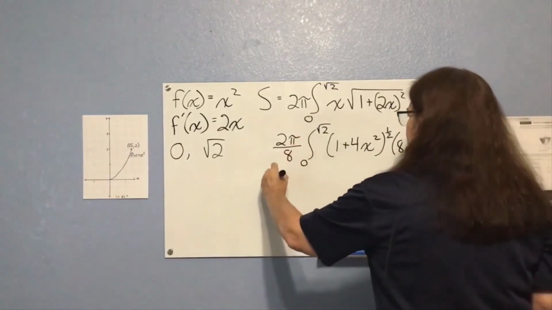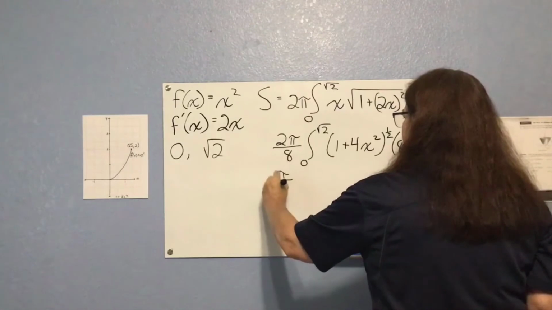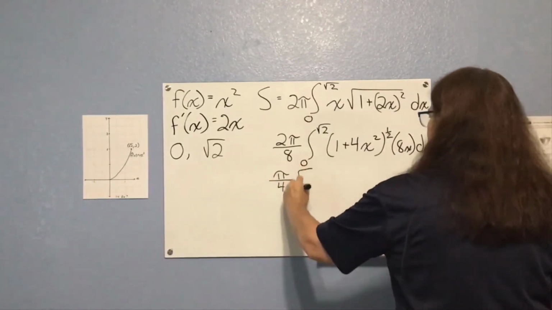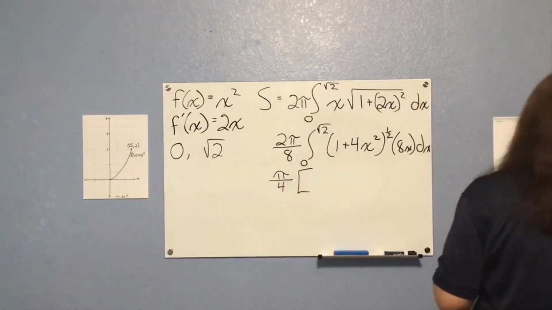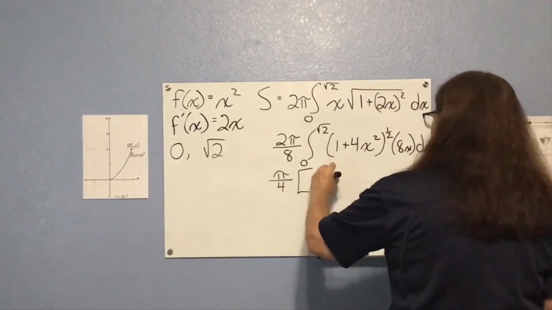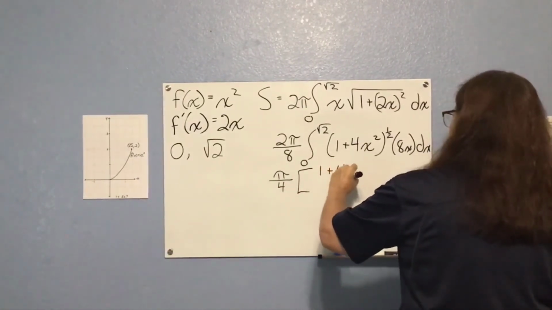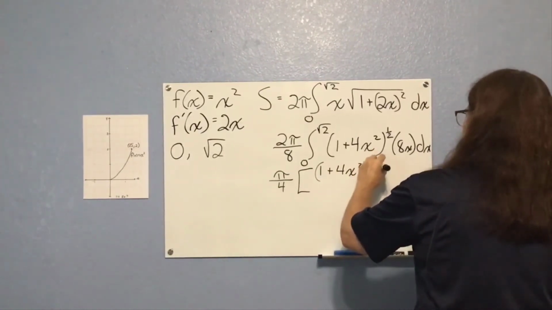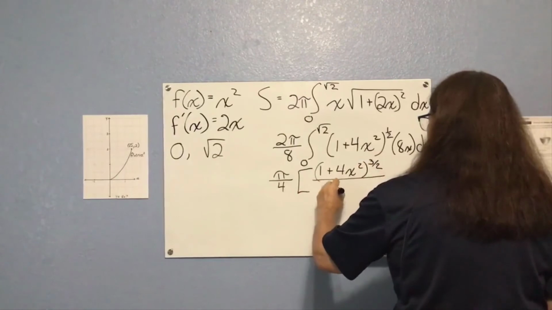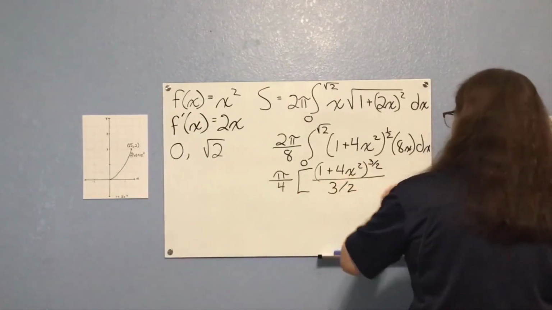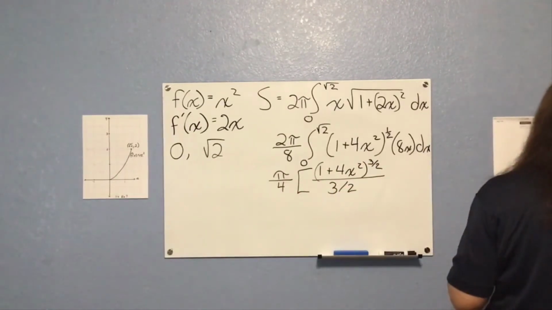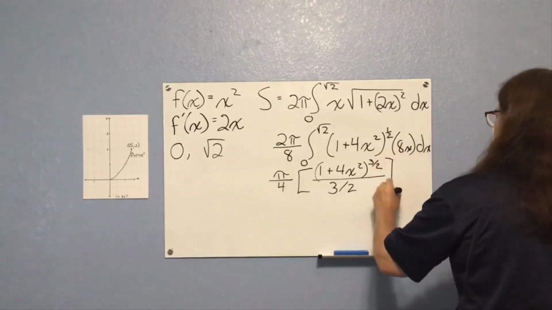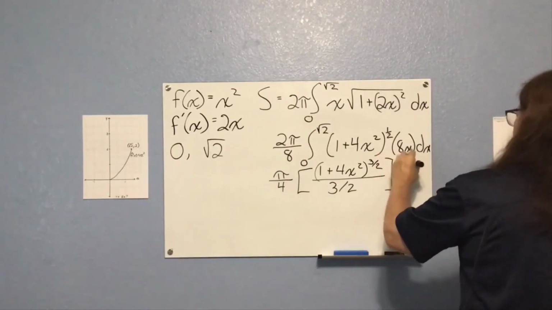So now this reduces to pi over 4. And integrating here, I have 1 plus 4x squared to the 3/2 power over 3 over 2, evaluated from 0 to square root of 2.